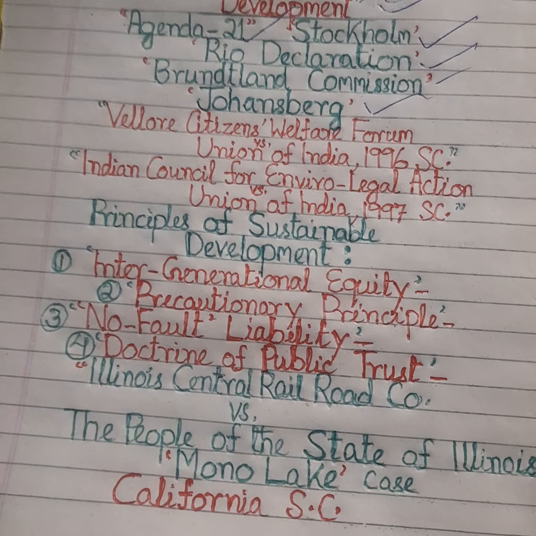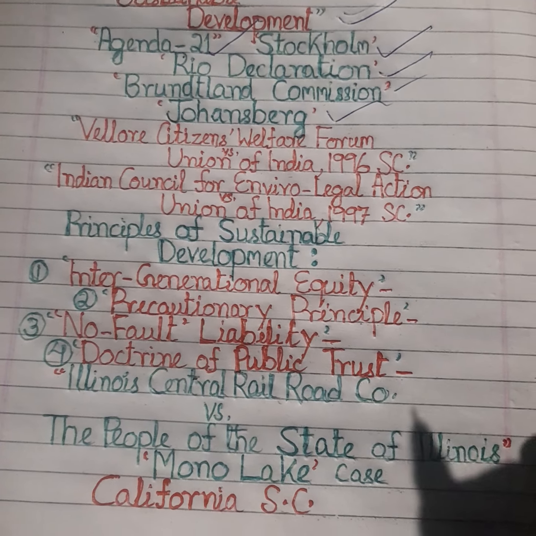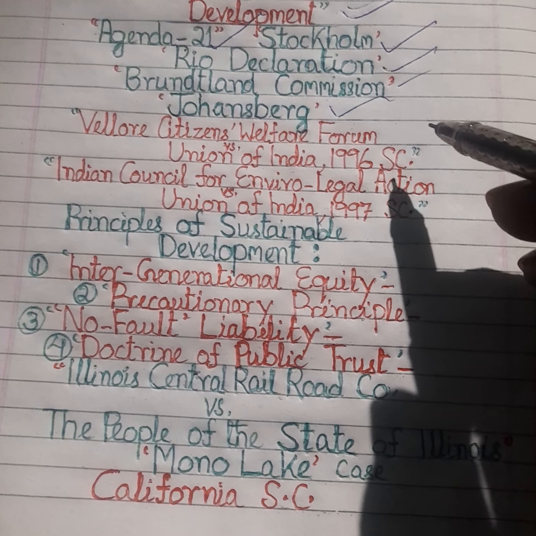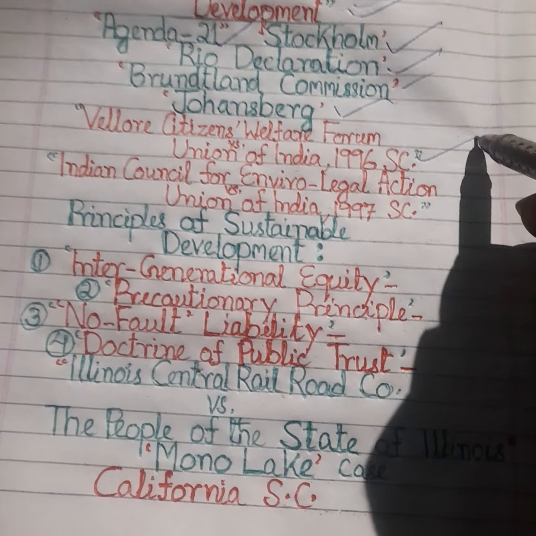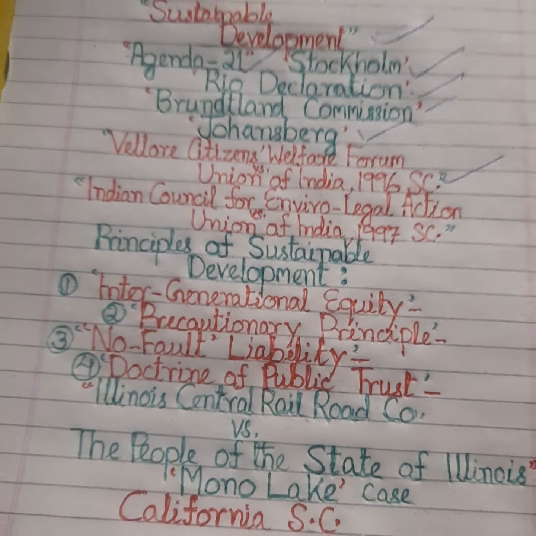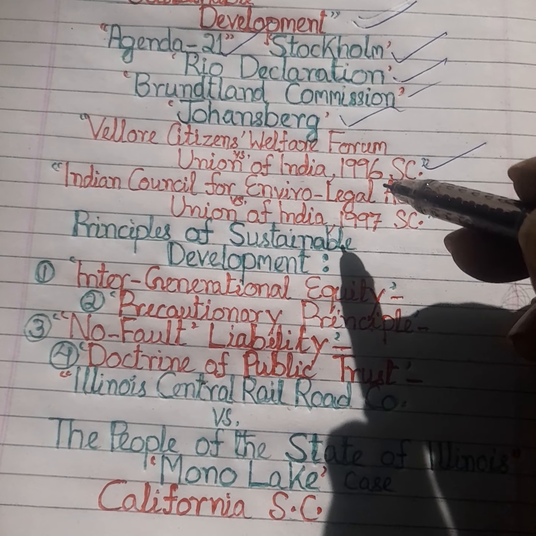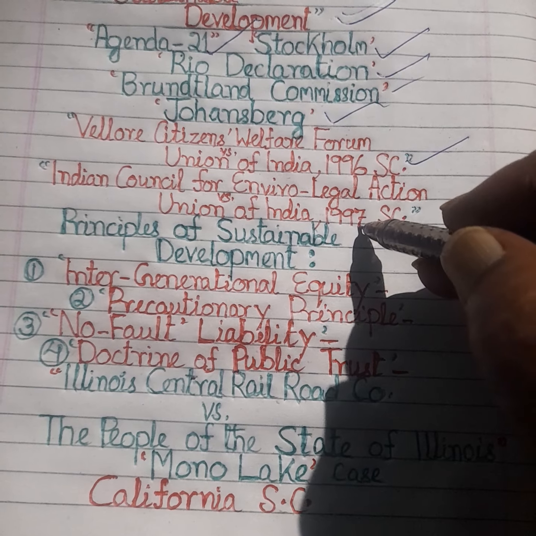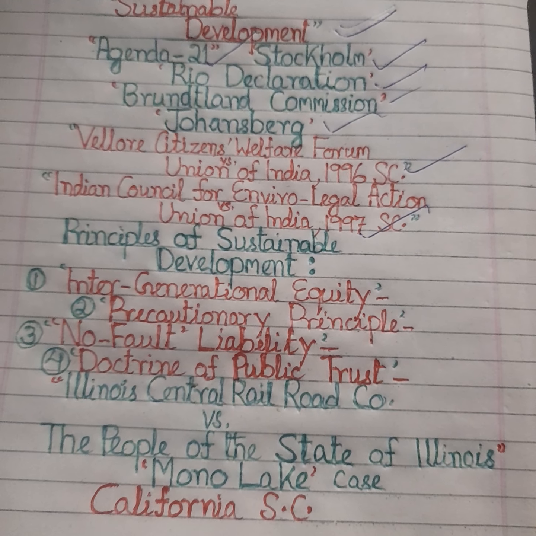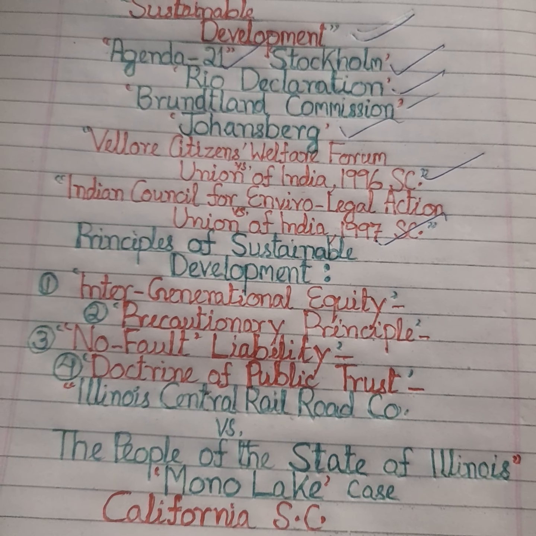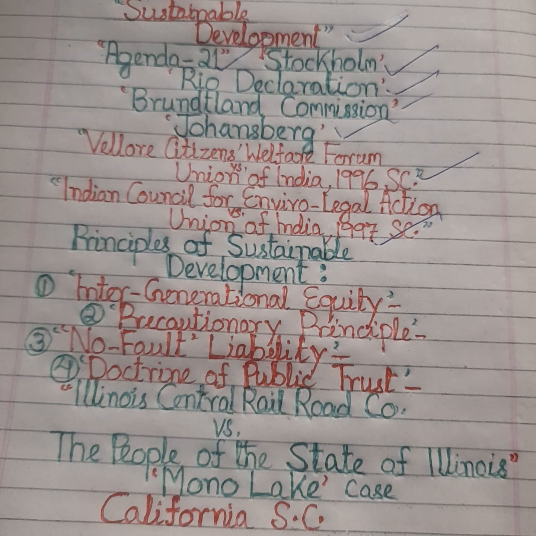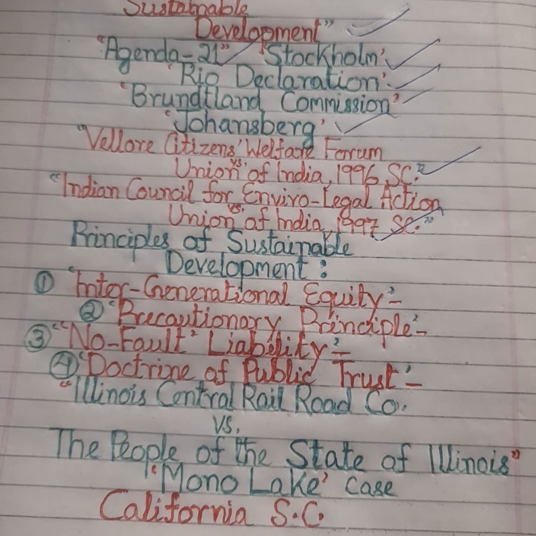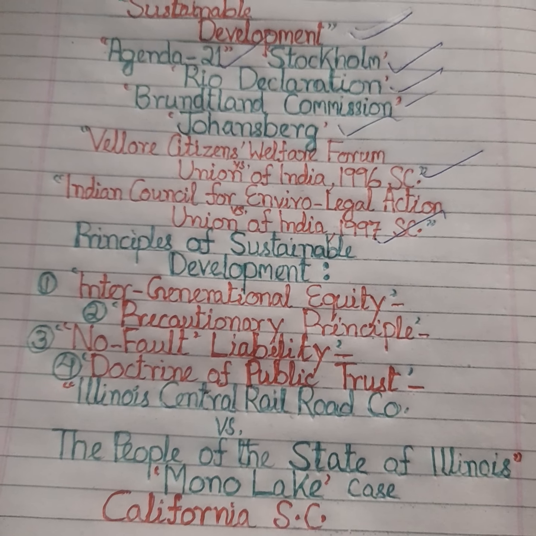For instance, in the important leading case Vellore Citizens Welfare Forum versus Union of India in 1996, and also in Indian Council for Enviro-Legal Action versus Union of India in 1997, the Supreme Court applied those principles of sustainable development as laid down under Agenda 21.